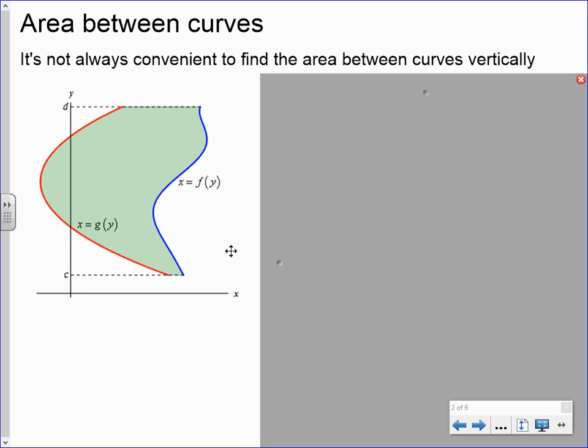Okay, so very quickly, imagine drawing vertical rectangles here. This rectangle has a different top and bottom than this rectangle, then this rectangle, then this. Oh my gosh, this is absolutely ridiculous, right?